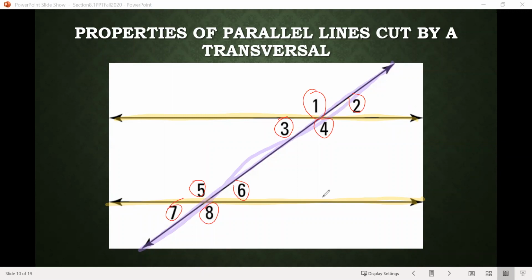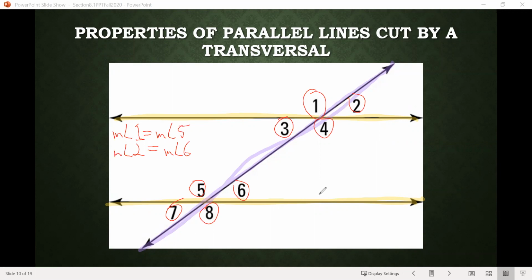It turns out that some of the pairs of these angles are congruent, or the same, based on their positions. As you might be able to see in the picture, the measure of angle 1 up above is the same as the measure of angle 5. The measure of angle 2 is the same as the measure of angle 6.